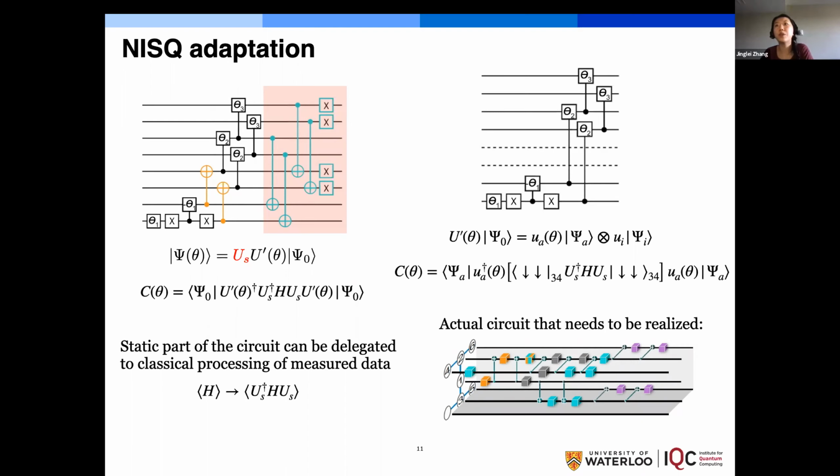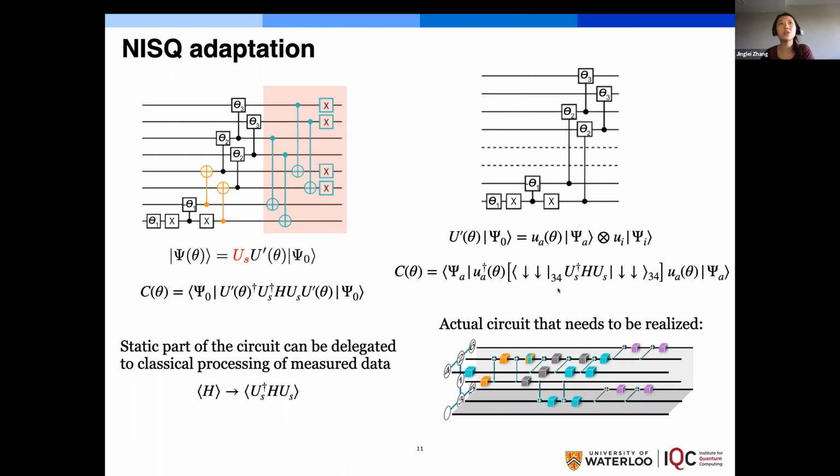So in the end, if we do this separation between these two separable parts of the circuit and we rewrite the cost function, we can notice that the only job that is left for the quantum processor is actually to calculate the active part of the circuit, depending on the variational thetas, onto a lower number of qubits, while all the parts that I have put in brackets here are calculations that can be delegated to the classical computer.